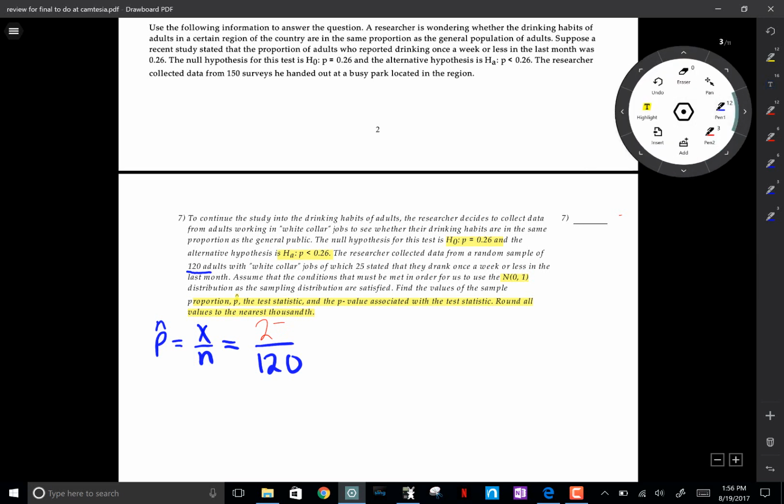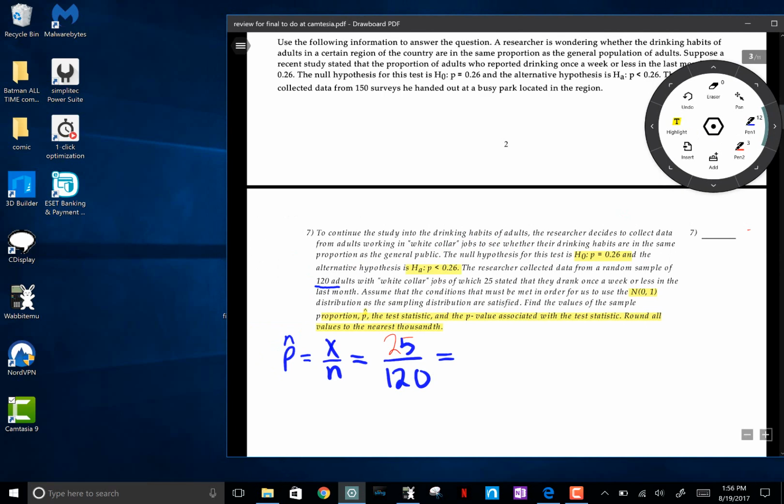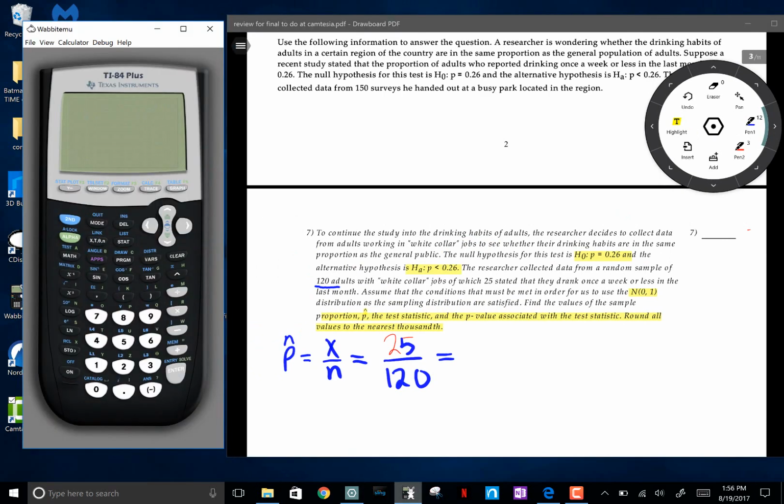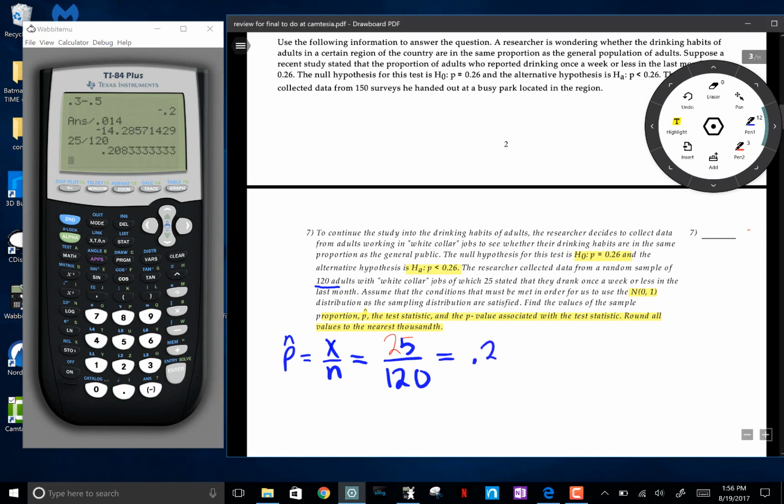Once you have those two pieces of information, we can do 25 divided by 120. Let's use our calculator. We do 25 divided by 120 and we get 0.2083, which we'll round to 0.208.